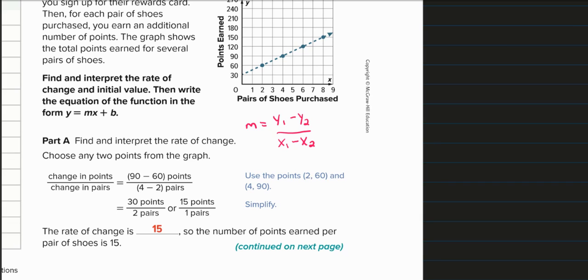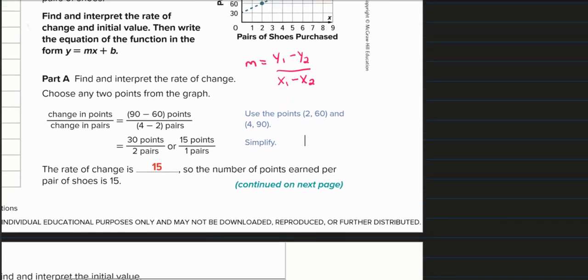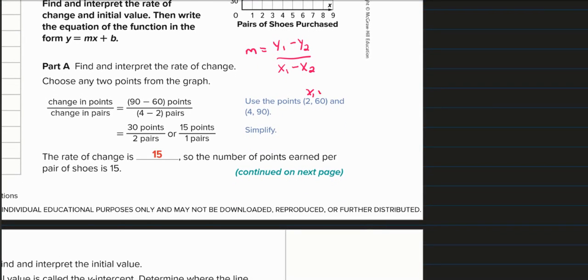Our 60 is our y1. Then our next point is x2, y2, because that means that it's our second point. So what they ended up doing is they actually used the equation y2 minus y1 over x2 minus x1.